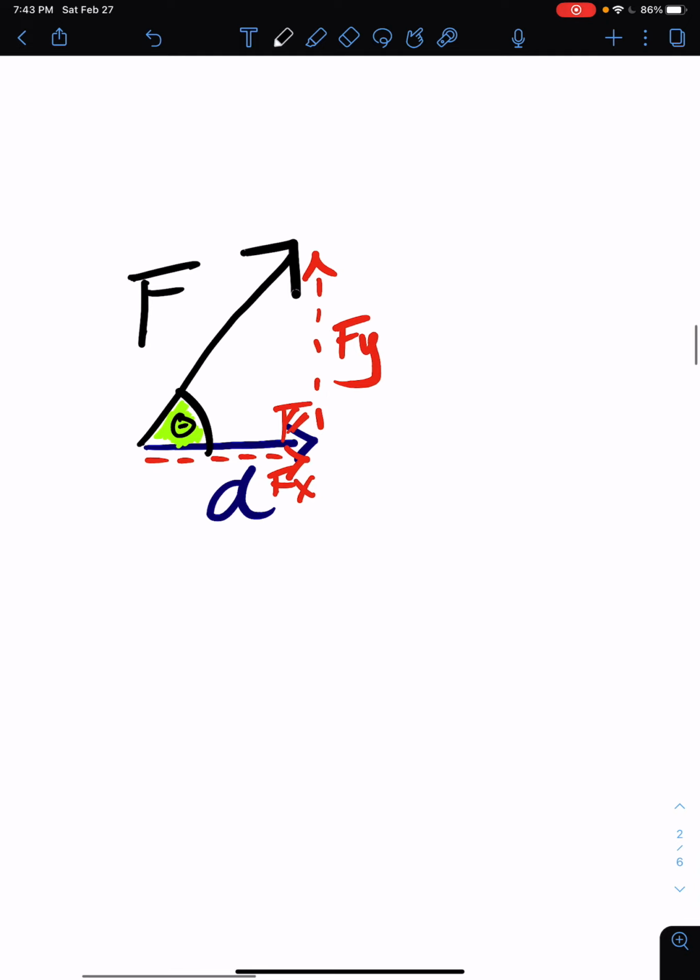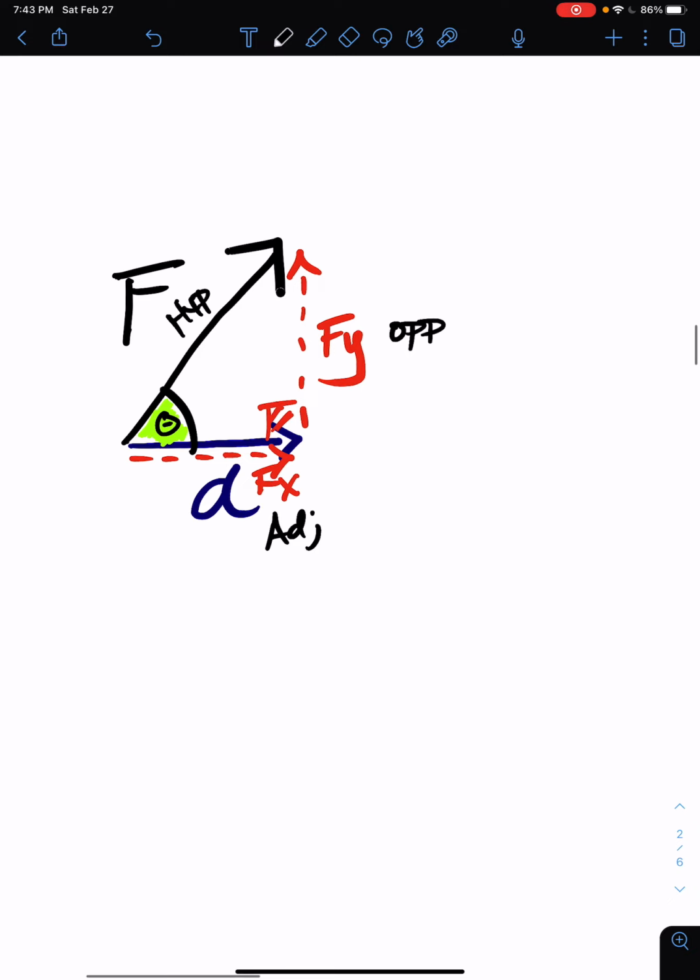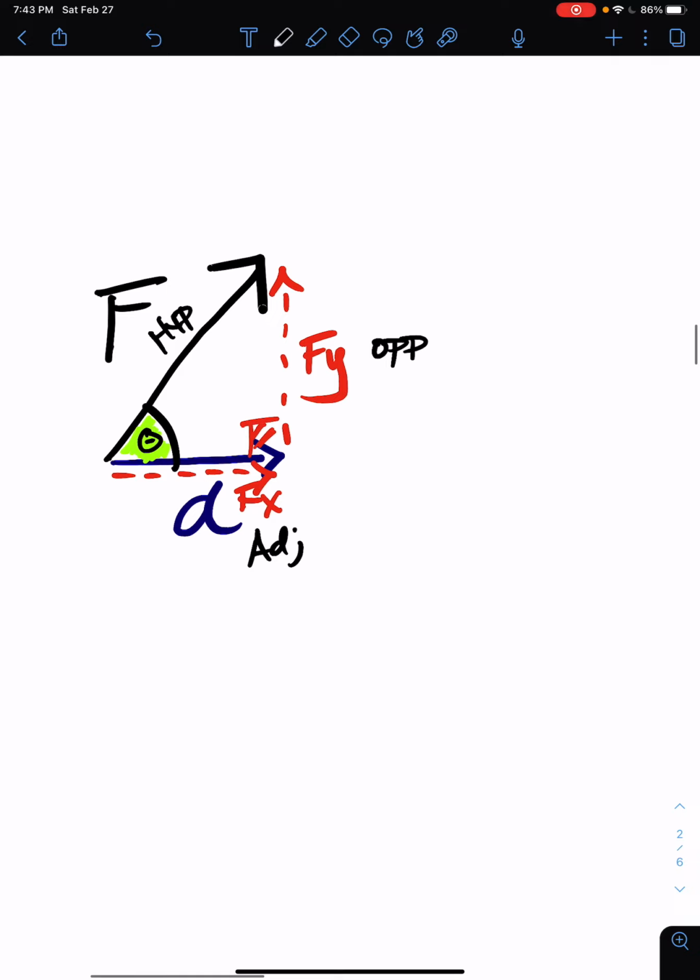And you can see that F would be the hypotenuse, that F of Y would be the opposite, and F of X would be the adjacent. And what I'm trying to say is, what is the adjacent? What is F of X equal to, right?